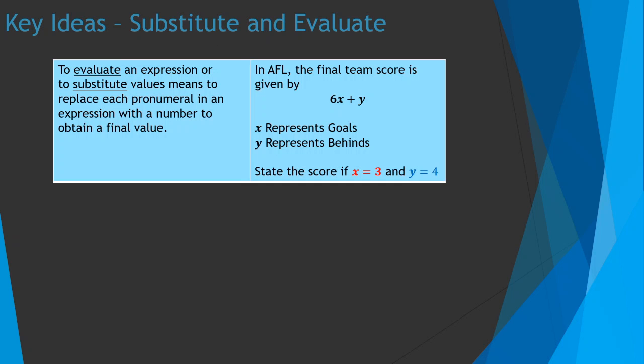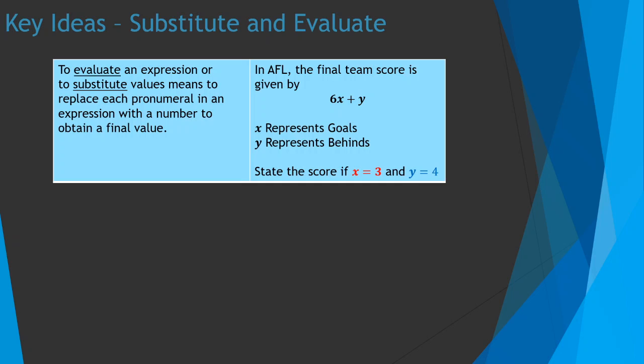So when we're substituting and evaluating, it basically means we replace the pronumeral, or the letter, in an expression with a number to obtain a final value. And let's use an example of AFL or footy in order to see how this might work. So we're given an expression here which says 6x plus y, and you can see that x represents goals because for every goal you score you get 6 points.